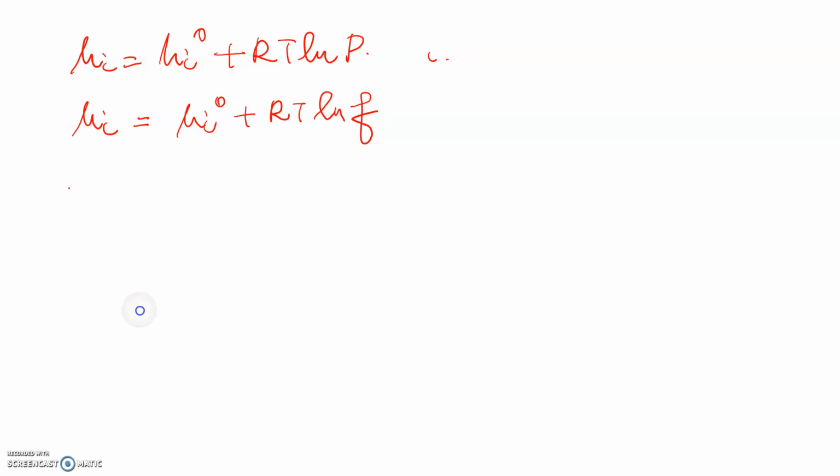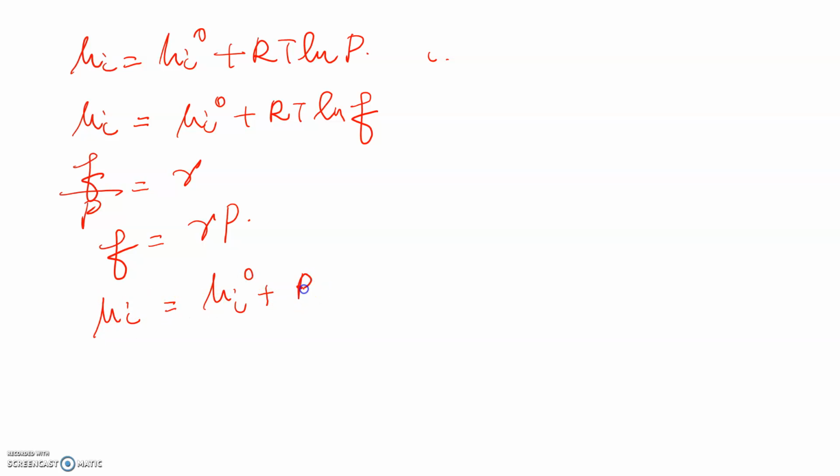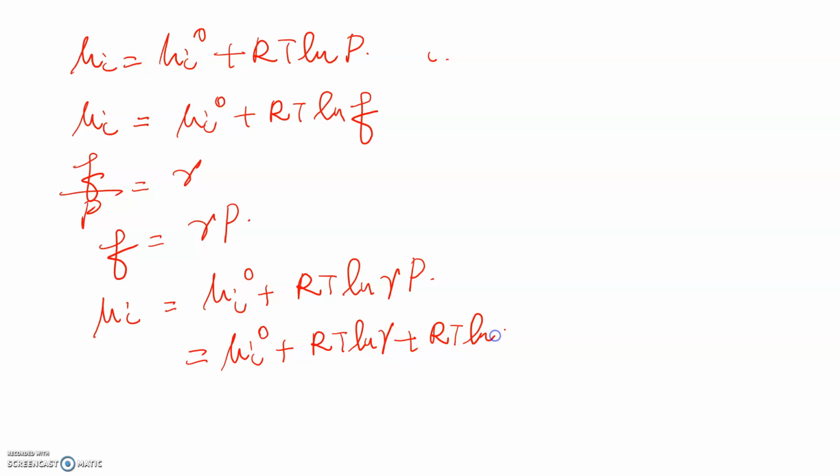So from the previous slide, we have f by P is equal to gamma, or f is equal to gamma into P. Substituting, mu i is equal to mu i0 plus RT ln gamma into P. This now becomes mu i0 plus RT ln gamma plus RT ln P. Okay.